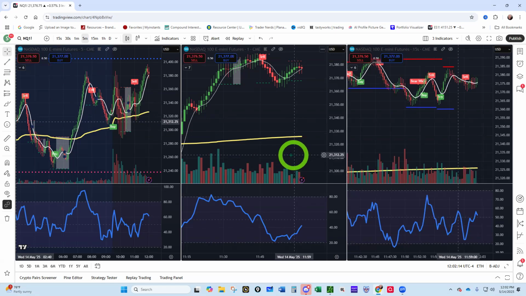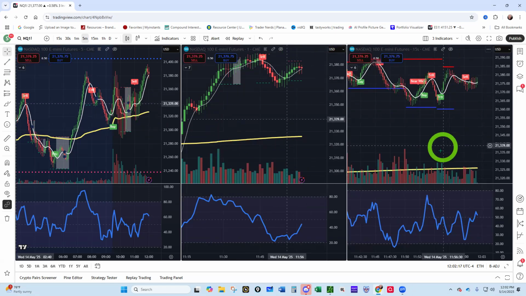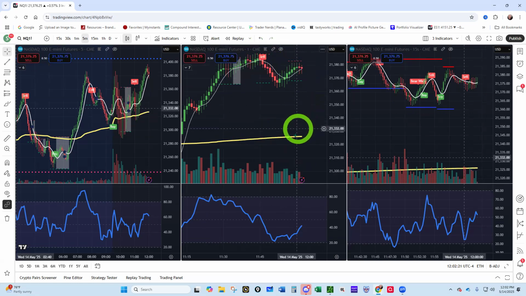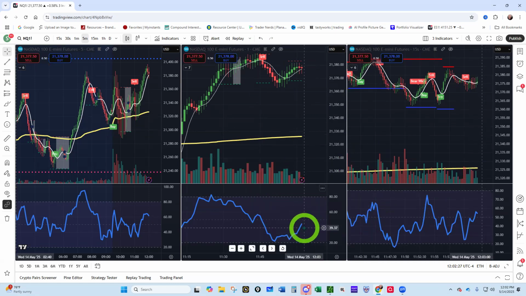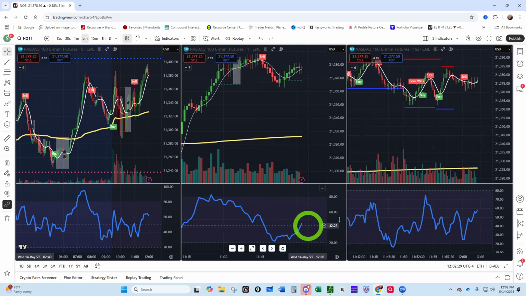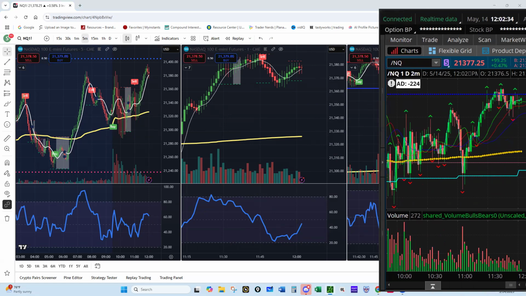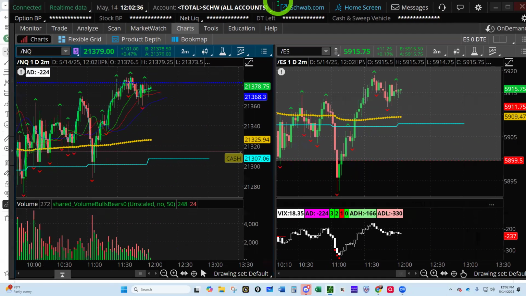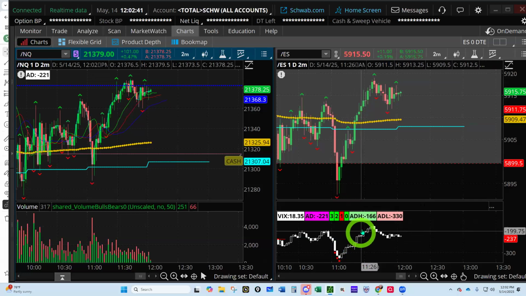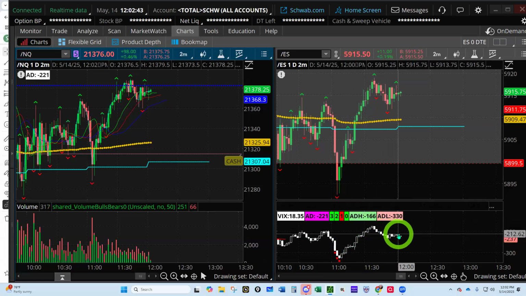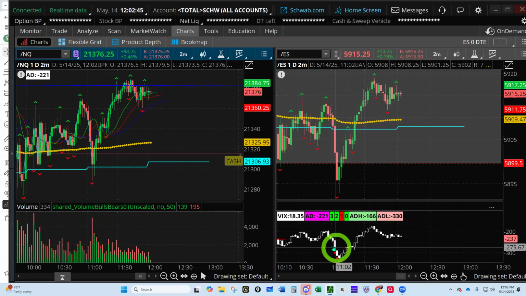But what I really like is our charts are really, really clean. Not a lot of stuff going on. You don't have to have money flow. I just like to see money flow confirming the trade. And then AD over here. Again, I've tried to put AD on TradingView. It just doesn't look the same. So I just like this here.